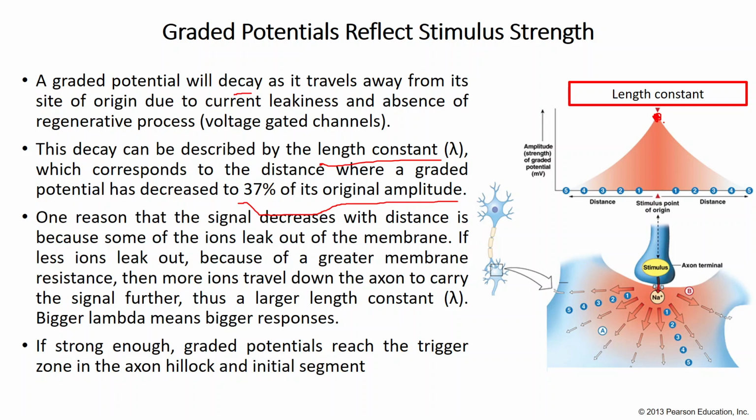And by the time it depolarized the rest of the cell body, it loses its strength. And so the distance by which the graded potential decreases to 37% of its amplitude is called the length constant.